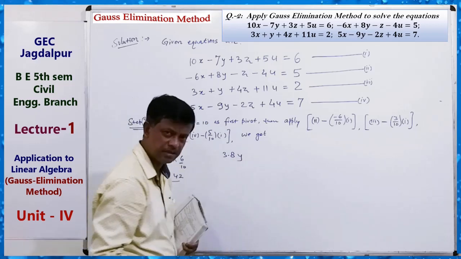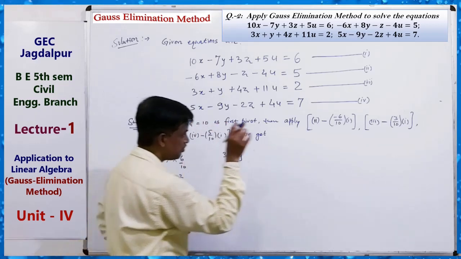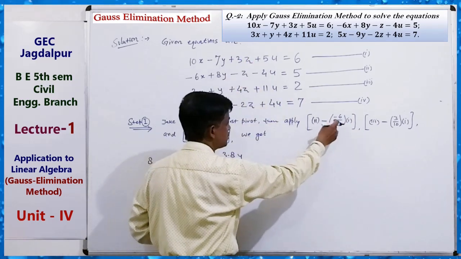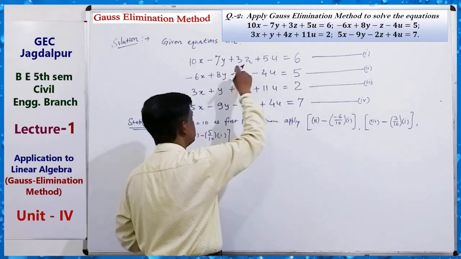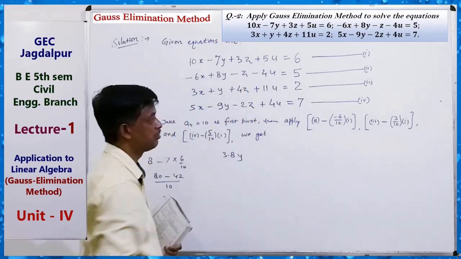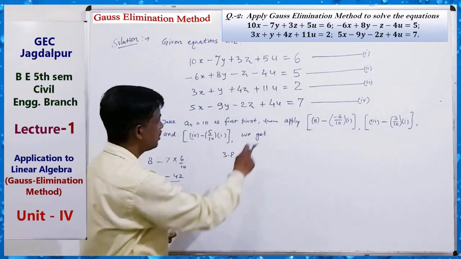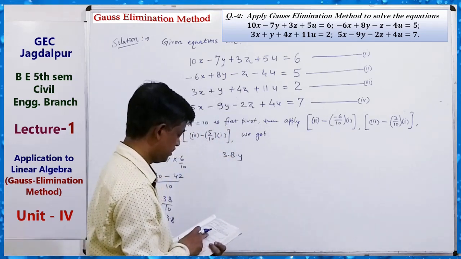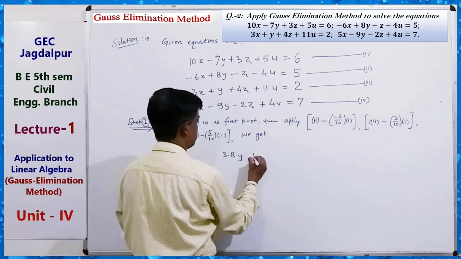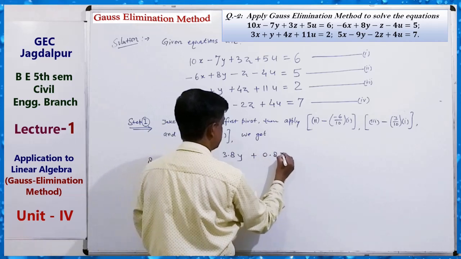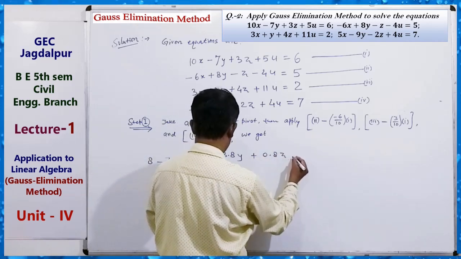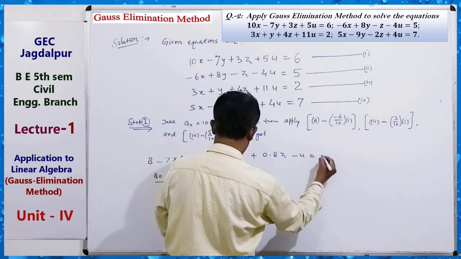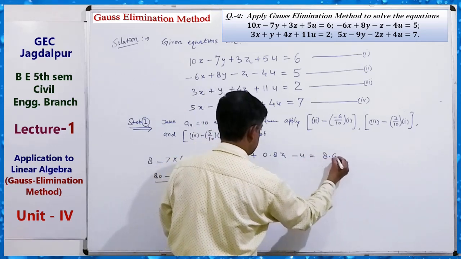So you can write here 3.8y. Similarly, just multiply 3 by this, and from here subtracting, you can get the value. Just write 0.8z, and minus u equals 8.6.